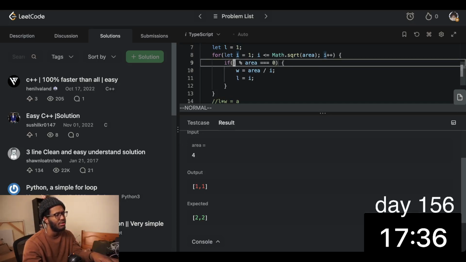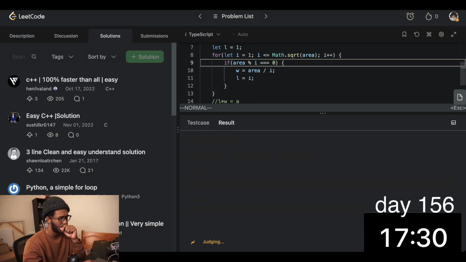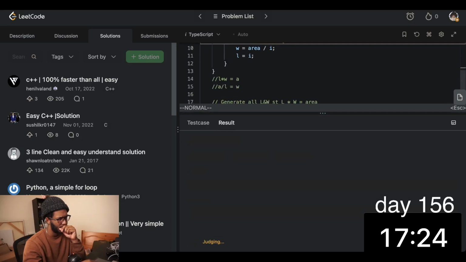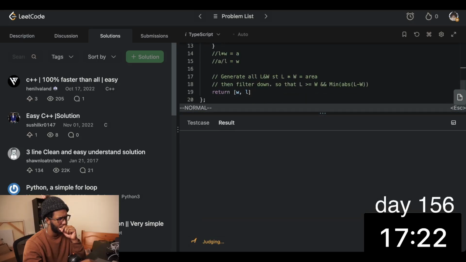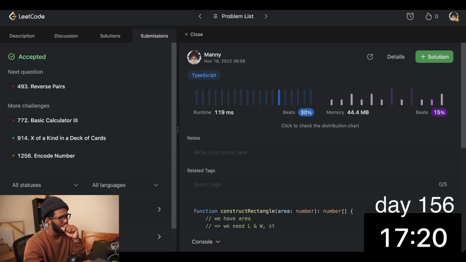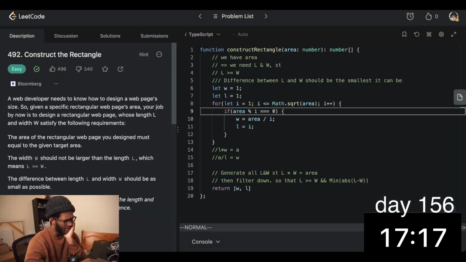I was saying to mod. I think I need to say area mod I. Interesting.